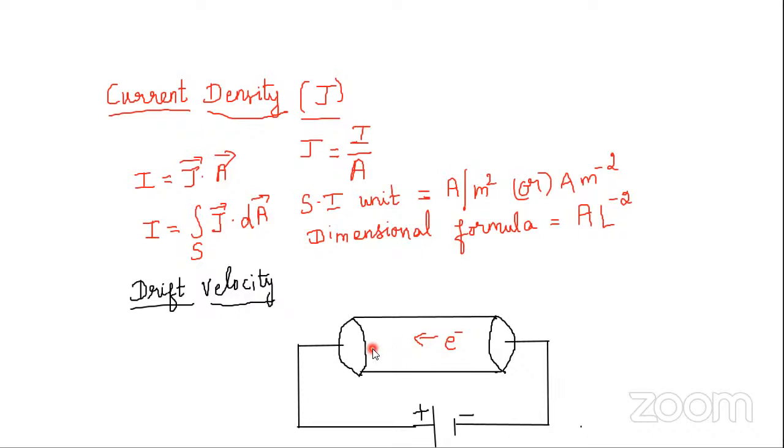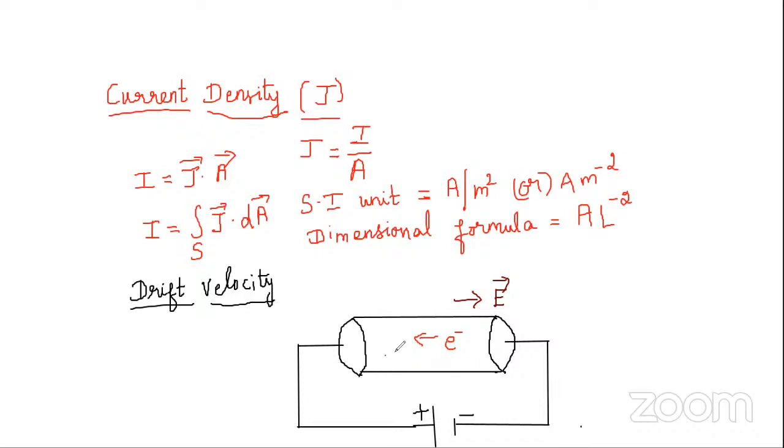But what about the direction of the external electric field? The direction of the external electric field is along this direction. So due to the presence of this potential difference, the electric field is in this direction, and the electrons actually move in the opposite direction.